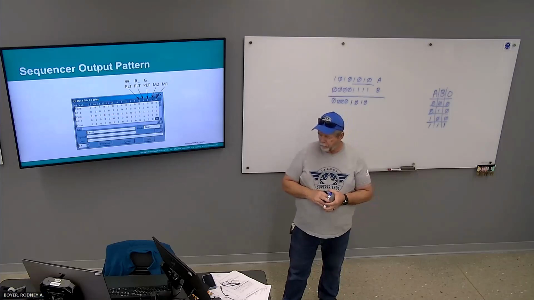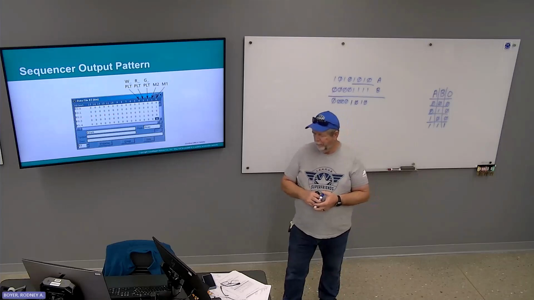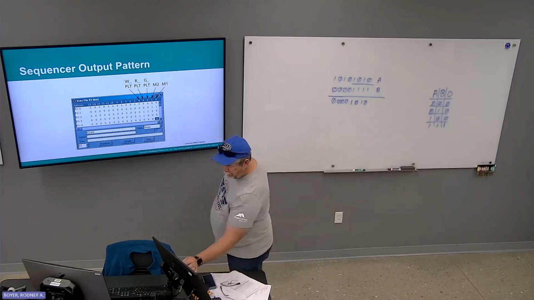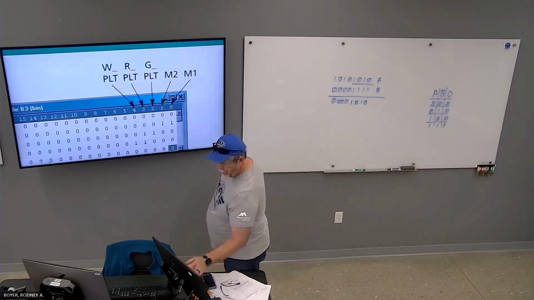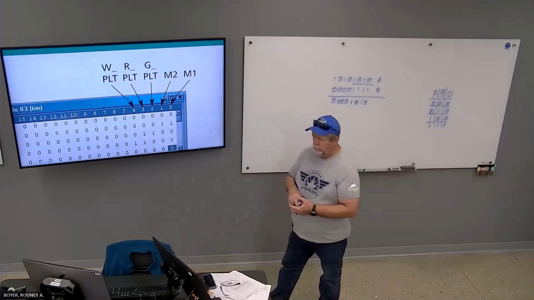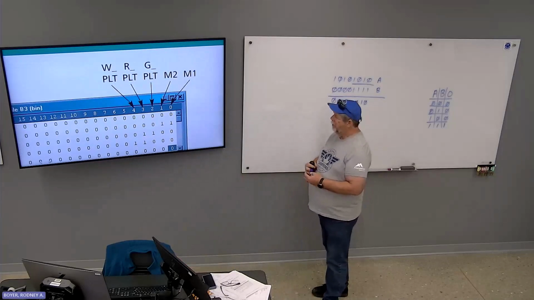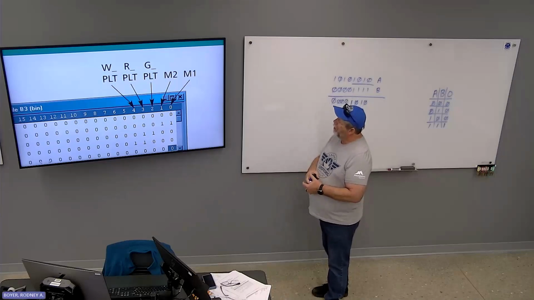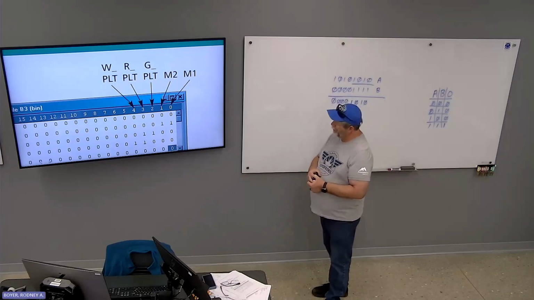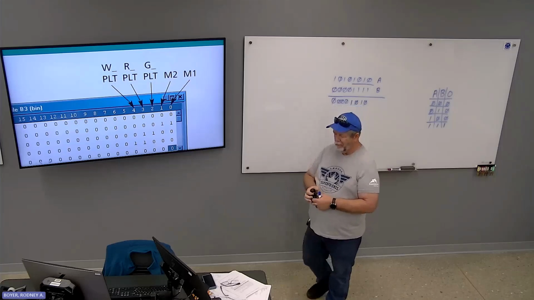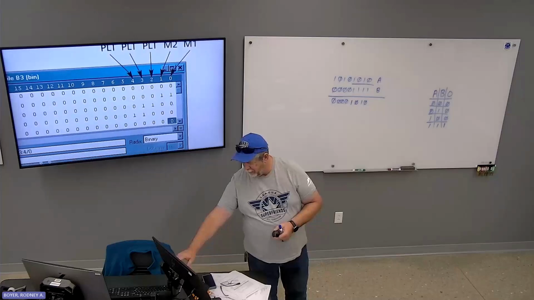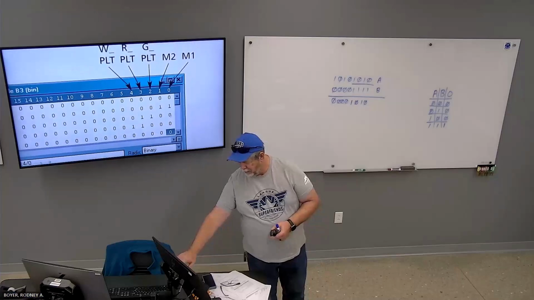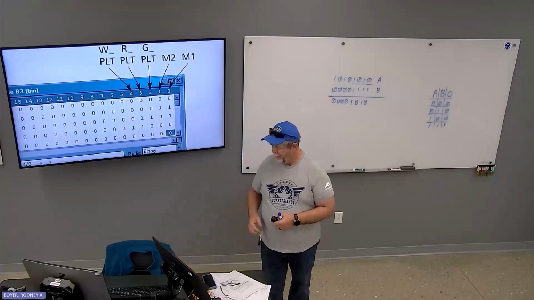So the bit pattern there: motor 1 is represented by bit 0, motor 2 by bit 1, green pilot by bit 2, red pilot by bit 3, and white pilot by bit 4. You can see how you've got the different ones and zeros in there.